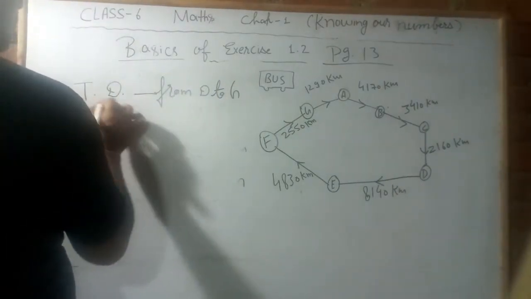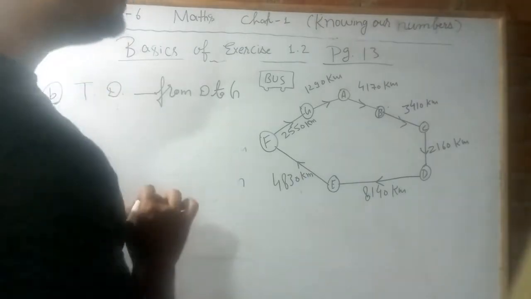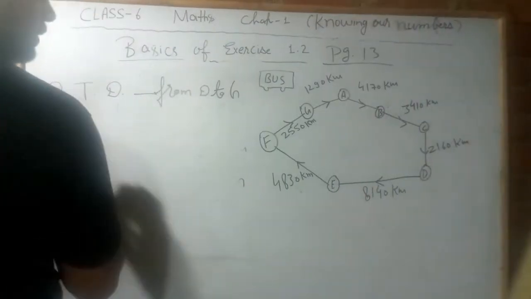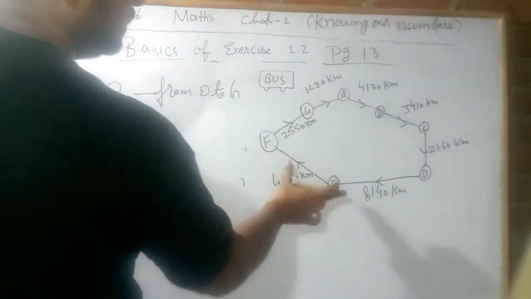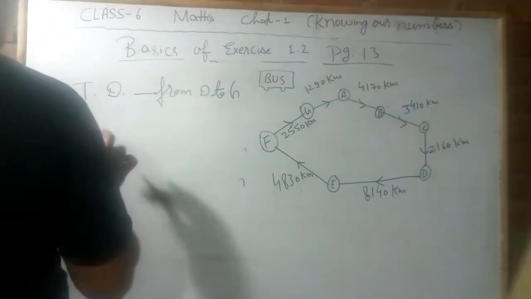I have written total distance in short. So first of all, D to G. There are 2 stops in between, so we have to add also.